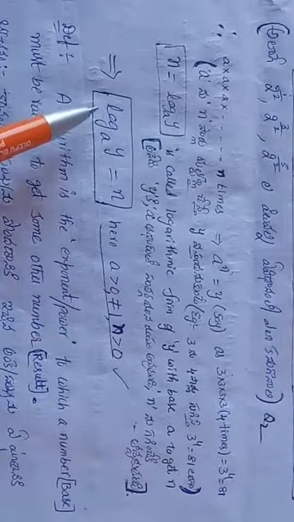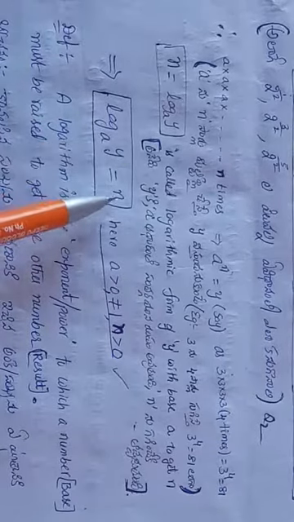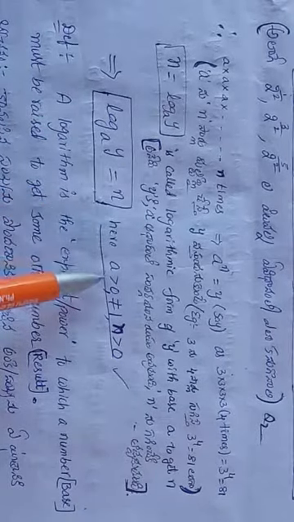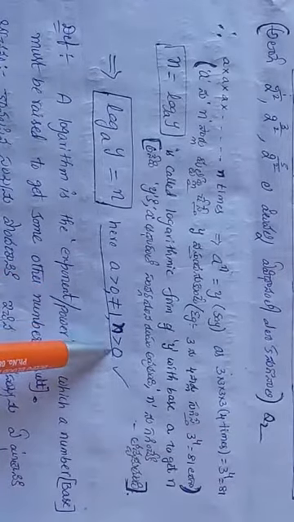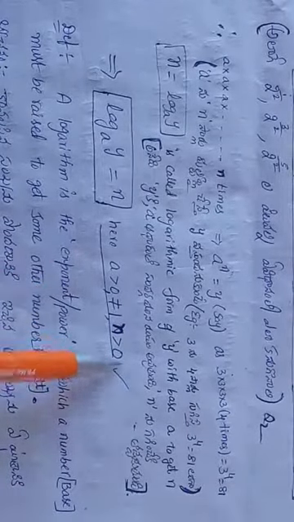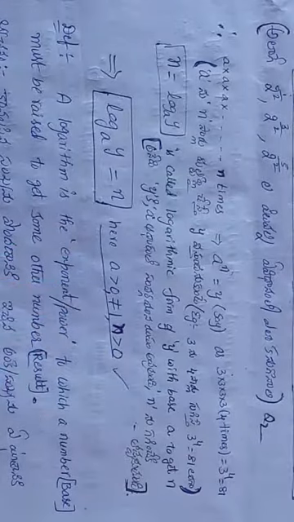The condition in log y to the base a equals n is that a is greater than 0 but not equal to 1, and n is also greater than 0. Why these restrictions? It will be explained in coming classes.